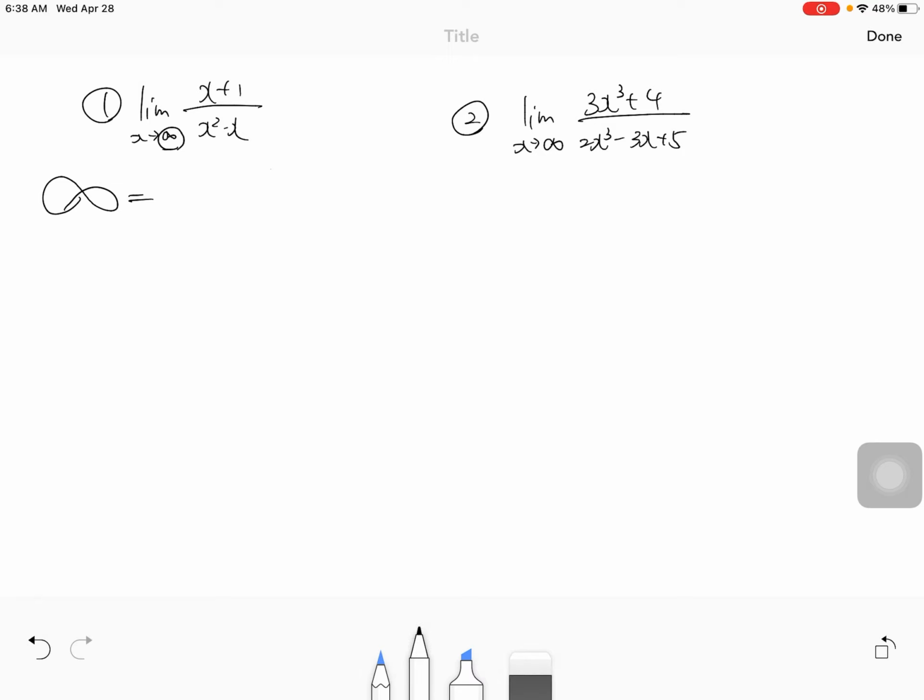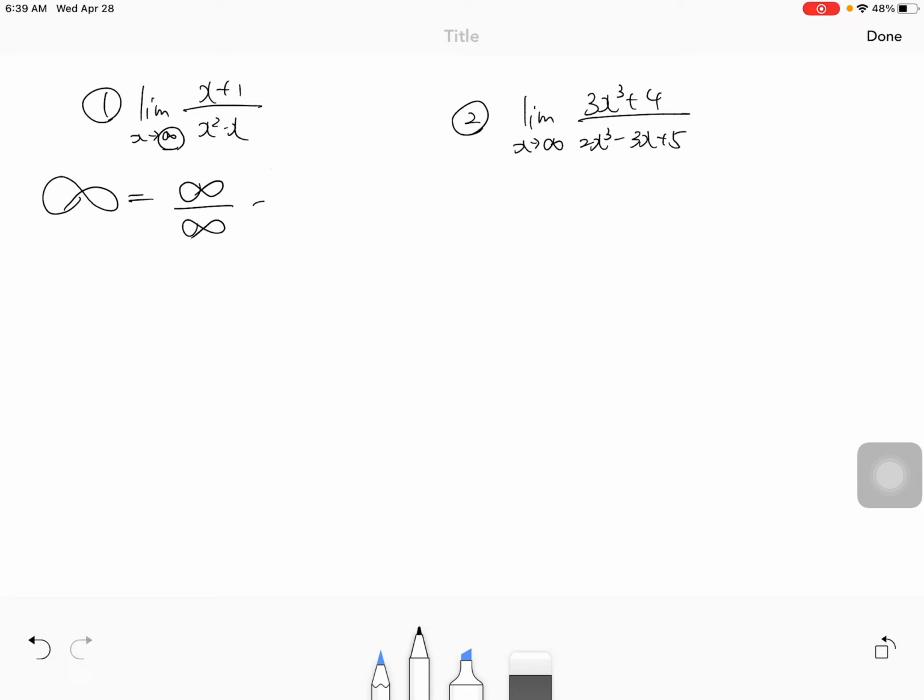If you just plug in infinity into x, you might think it's going to be infinity over infinity. Yeah, it is true, because if you plug in infinity here, the numerator is going to be infinity and the denominator as well. But what's the answer going to be?